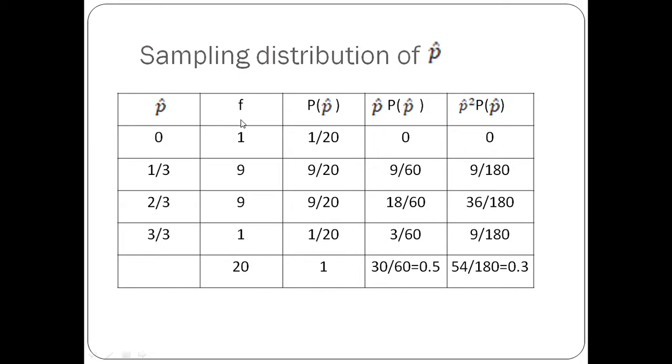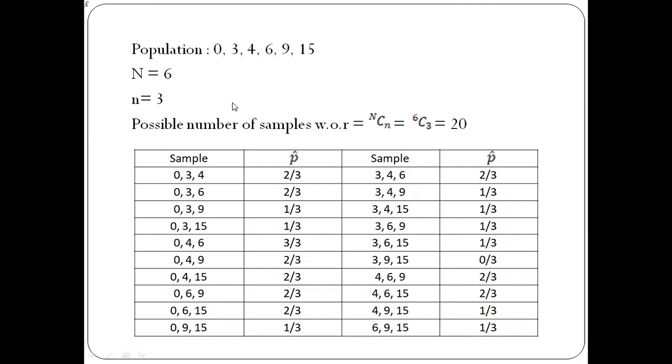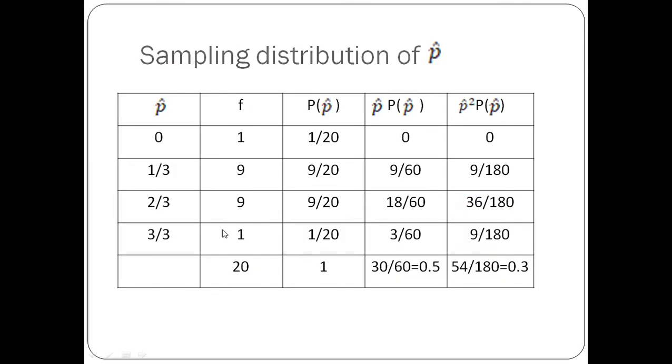And because the possible number of samples is 20, when we add the frequencies, it should be 20. Now the probabilities. Probability is the number of occurrences divided by total frequency. So 1 by 20, 9 by 20, 9 by 20, 1 by 20, and when you add these all, it will always equal 1.